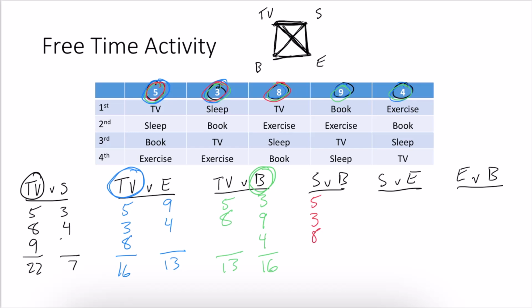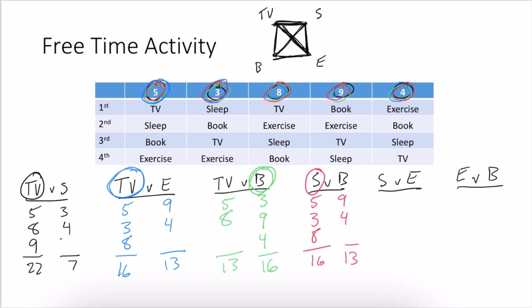And so that's going to be 8 points for that one. Then these 9 people would rather read a book, and so would these 4 people. And so when we compare these, 5 plus 3 is 8, plus 8 is 16, 9 plus 4 is 13. And so that pair is won by sleeping.